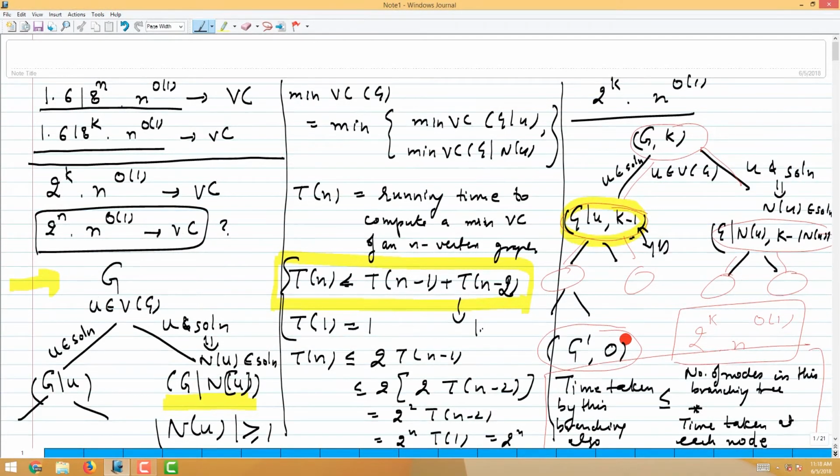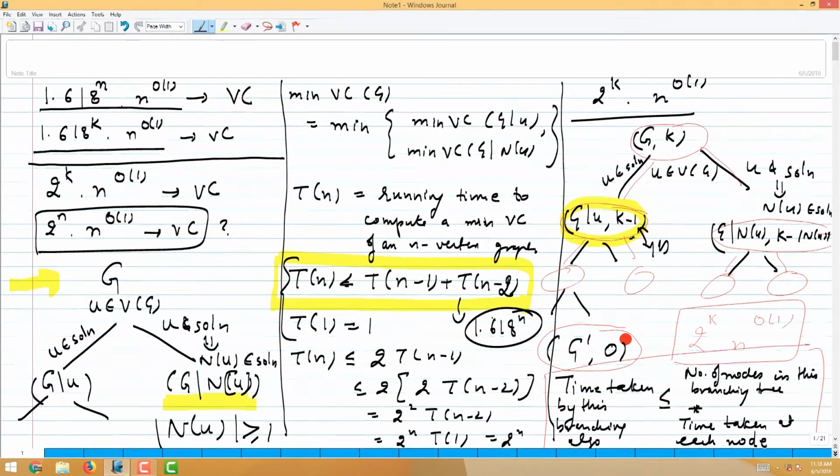Let's see if we can try to do the same thing here. Can we do the same thing here? So now in this case, if u goes to the solution, fine. If u does not go to the solution, we pick all the neighbors of u.